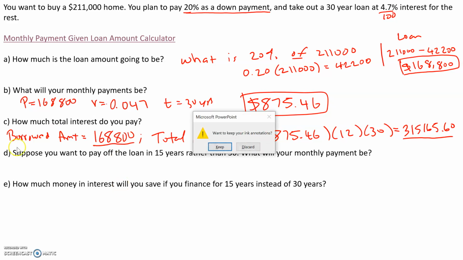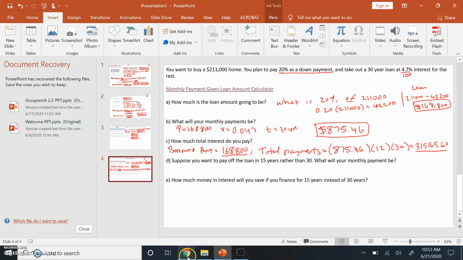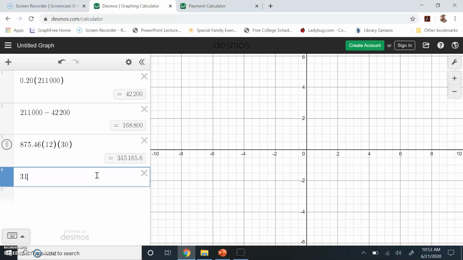So let's take the 315,165.60 and subtract off the amount we borrowed, which is 168,800. And we're paying almost the loan amount in interest.